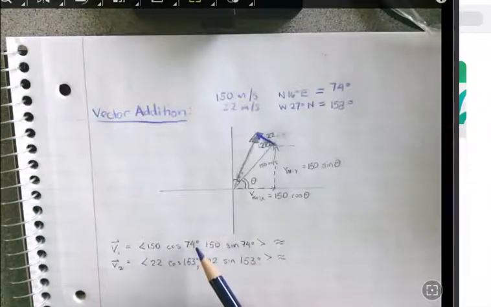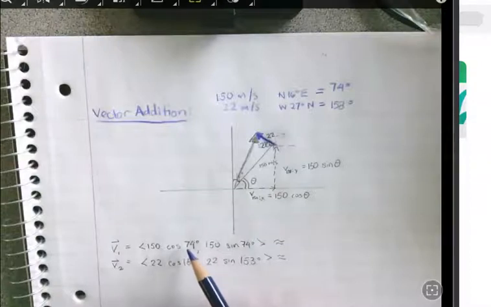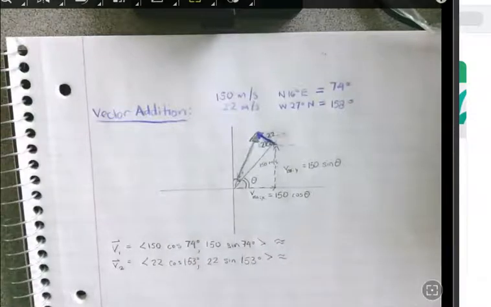I repeat, on the TI-Nspire, you can't type in cosine 74. It has to be cosine 74 degrees to get this in decimal. However, if you're typing this in on an advanced calculator, you don't need to type in 4 steps if you don't want to. You could do the whole problem at once and be done.